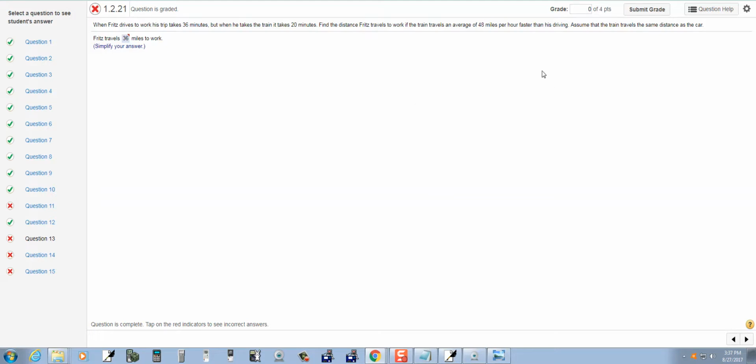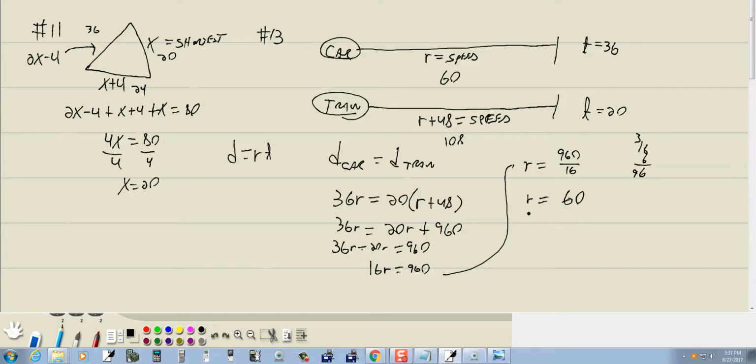Look at what they're actually asking for. Find a distance. So we want to find a distance, not r. So if I come up here, distance is equal to r times t. R for this we said was 60 times t, which is 36, but that's 36 minutes.